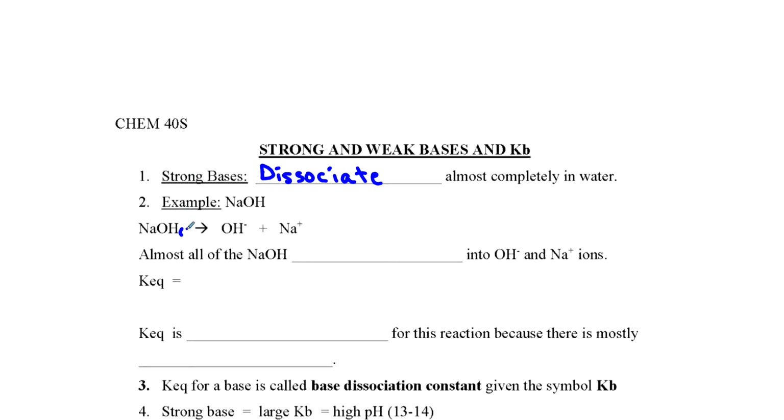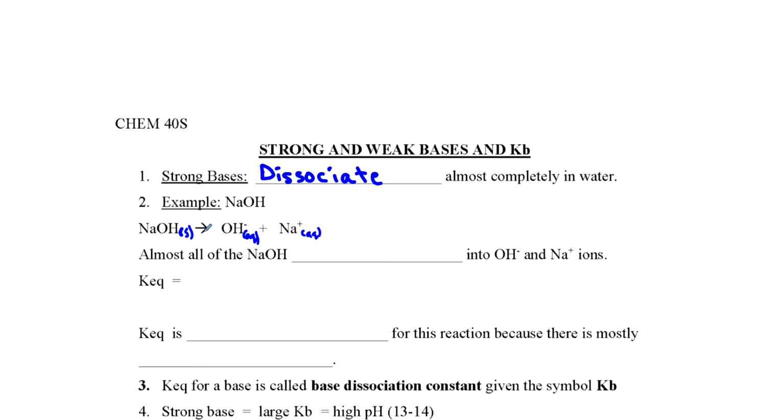Okay, so this would be a solid. If you mixed that with water, stirred it till it dissolved, when it dissolves, it dissociates into the hydroxide ion and the sodium ion. Okay, and it dissociates almost entirely, meaning this completely separates into its individual ions.